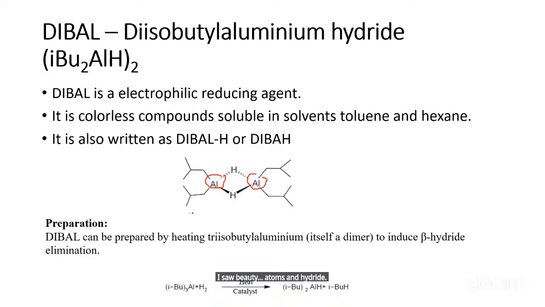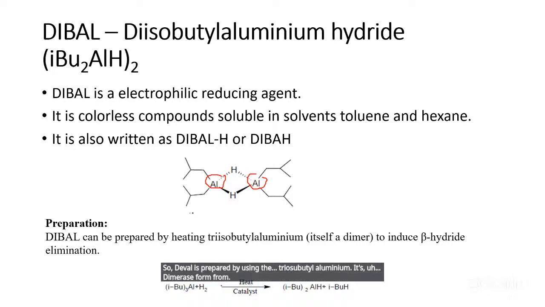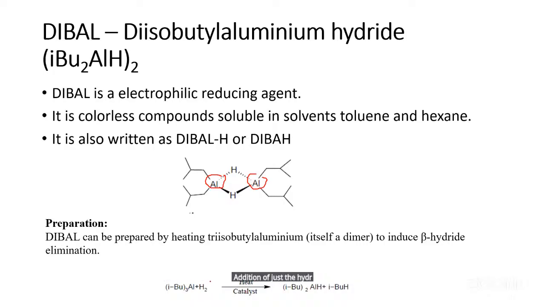This is an electrophilic reducing agent and a colorless compound. We use DIBAL in the presence of a solvent like toluene or hexane. DIBAL is prepared from triisobutyl aluminum; its dimer is formed by addition of just a hydride.